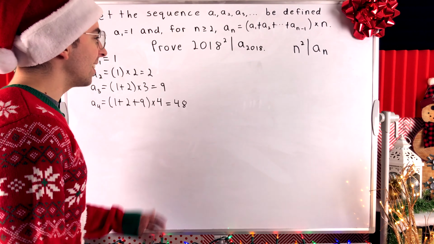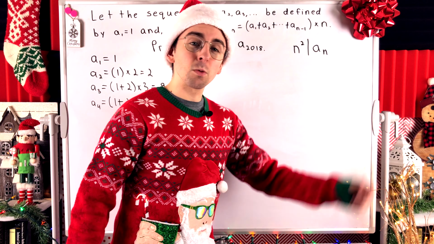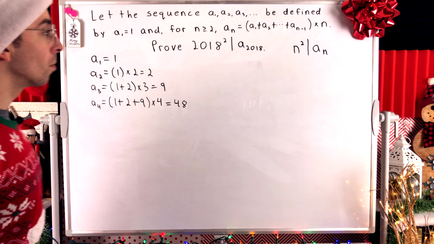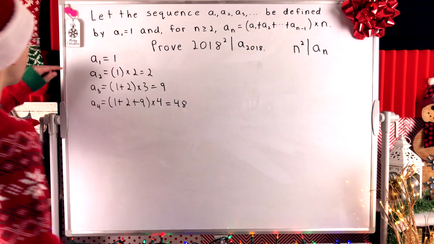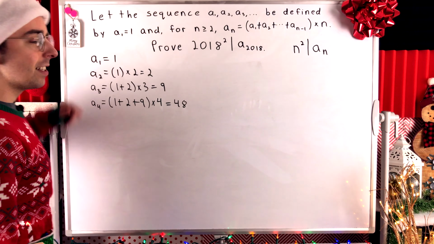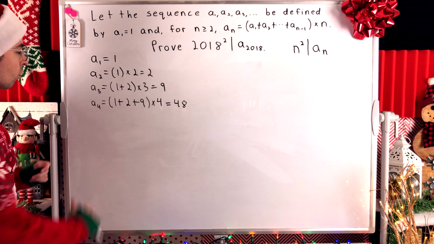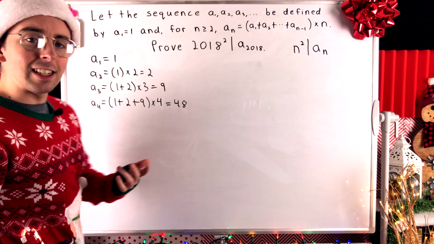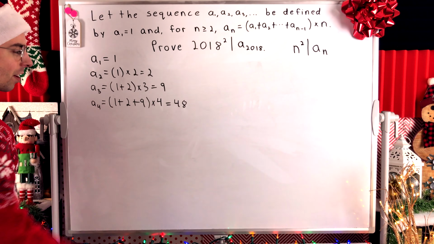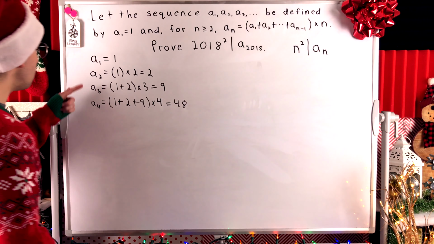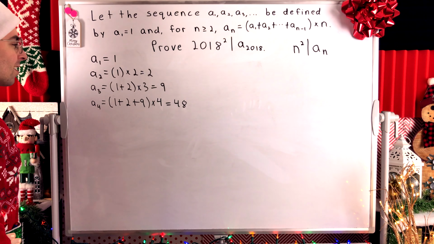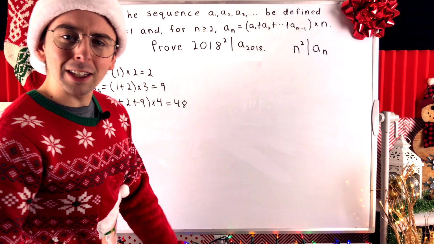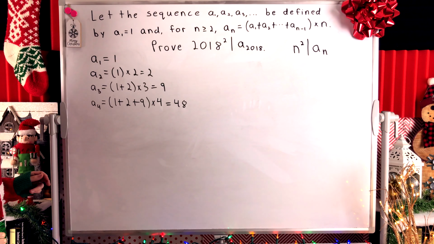Then we might quickly ask, does our desired result hold for these first few terms in the sequence? Well, 1 squared does indeed divide 1. 3 squared is 9, which does divide 9. 4 squared is 16, which does divide 48. But 2 squared is 4, which doesn't divide 2. So it seems like the result does not work when n equals 2.